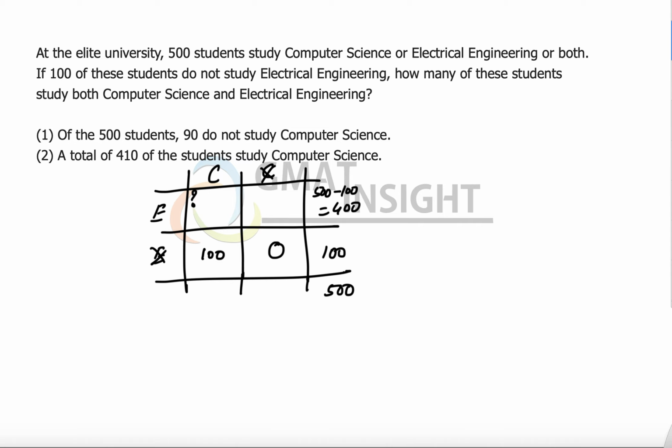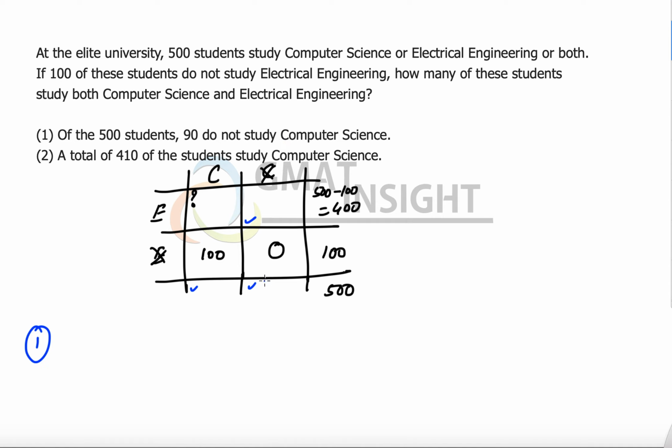To answer the value of this region, we must know that if we get the value of any of these three regions, we would be able to answer the question. Let's quickly look at the first statement. Of the 500 students, 90 do not study computer science.